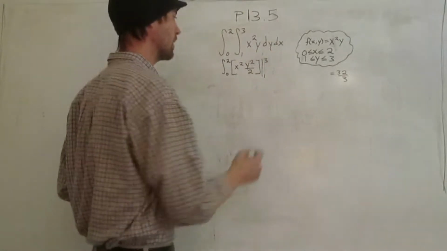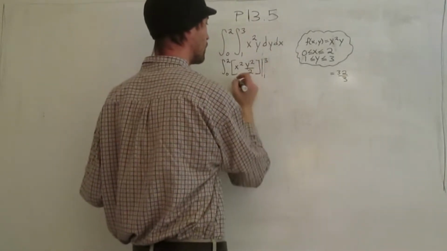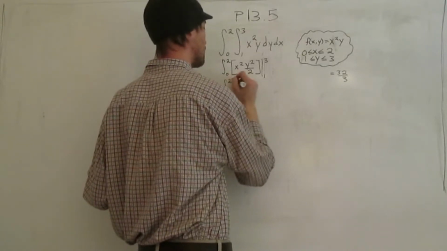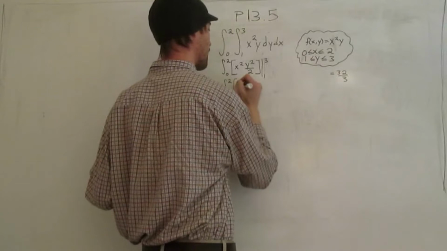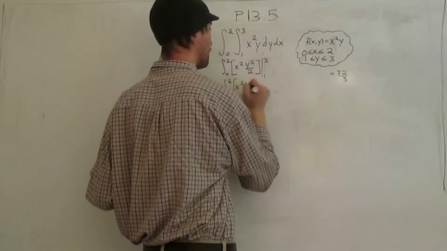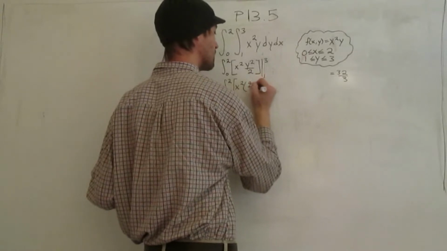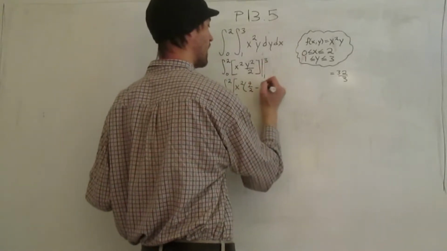Now we plug in 3, and we get the integral from 0 to 2 of x squared times, plugging 3 in, 9/2 minus 1/2.